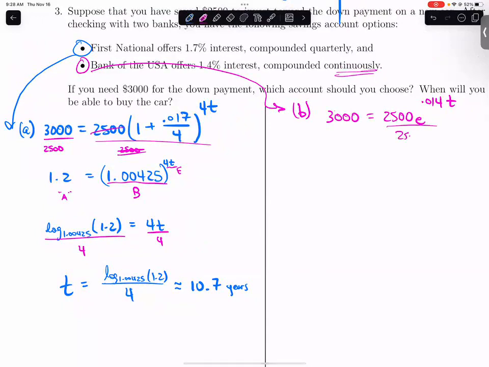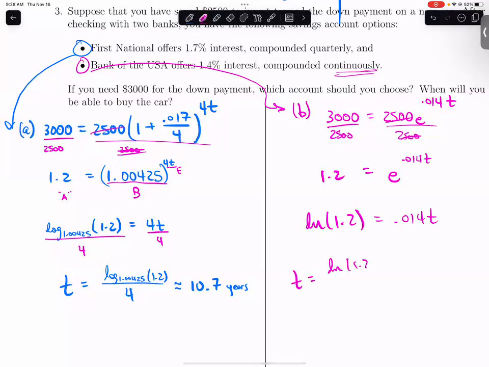So I'm going to divide by 2,500. That's still 1.2. But then I'm going to rewrite using a natural log, and divide log 1.2 over 0.014 to get, it's like 13 something. 13.